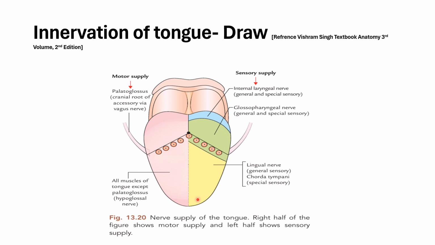So this is the anterior two-thirds, and this part is the posterior one-third, and here you will see the posterior most part. So palatoglossus is supplied by the accessory nerve, and in the sensory supply we have different parts: the lingual nerve in front, chorda tympani in front, glossopharyngeal behind the sulcus terminalis, and the posterior most is supplied by the internal laryngeal nerve.